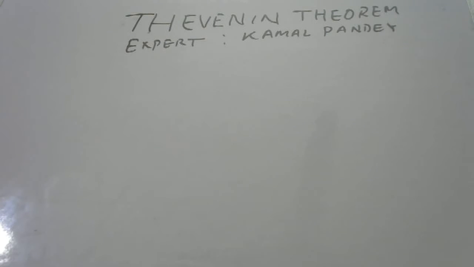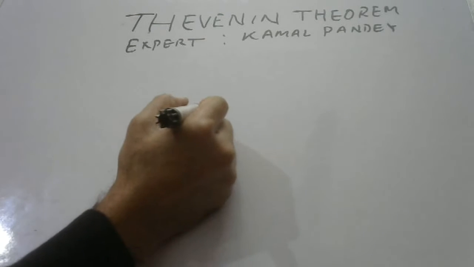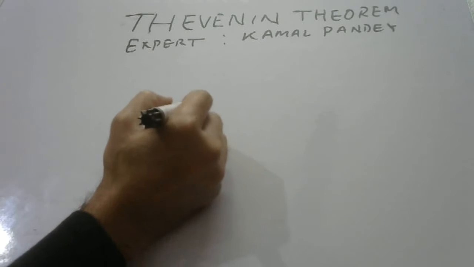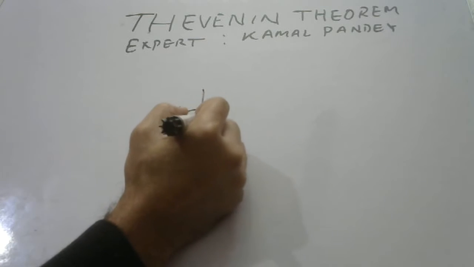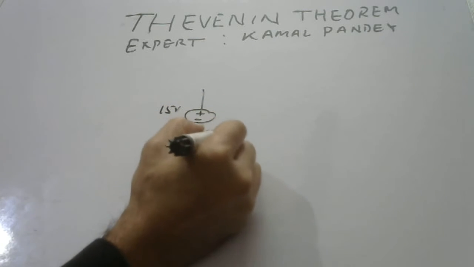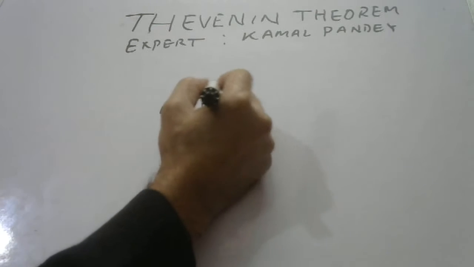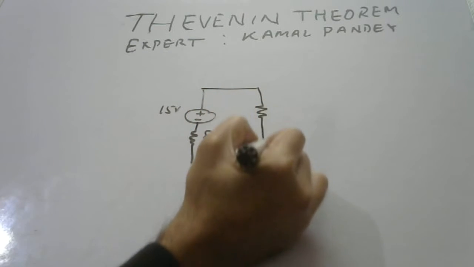We have a question like this: Thevenize the network. Here is the 15 volt supply, positive, this is negative. Here the resistance of 8 ohm is connected. This is a 4 ohm resistor.